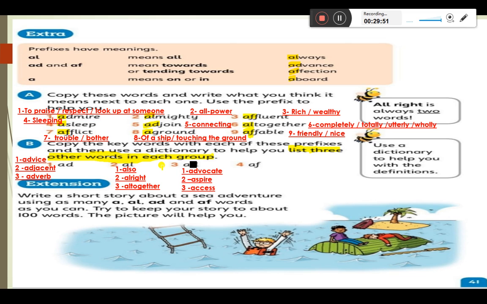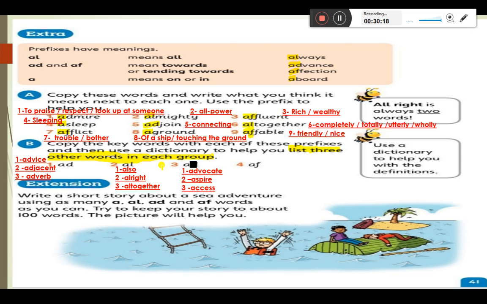Aspire, to have aspiration in life, to have aims in your life, to aspire high in life, and this is very good for everyone. And then we have the word access. So we have advocate, aspire, access. There are three more words for the prefix a.